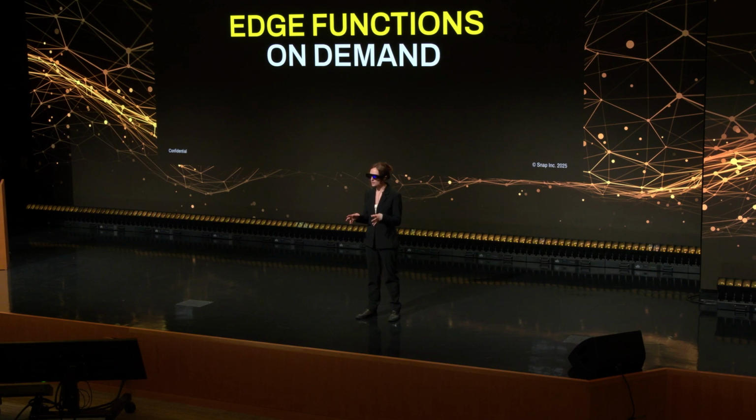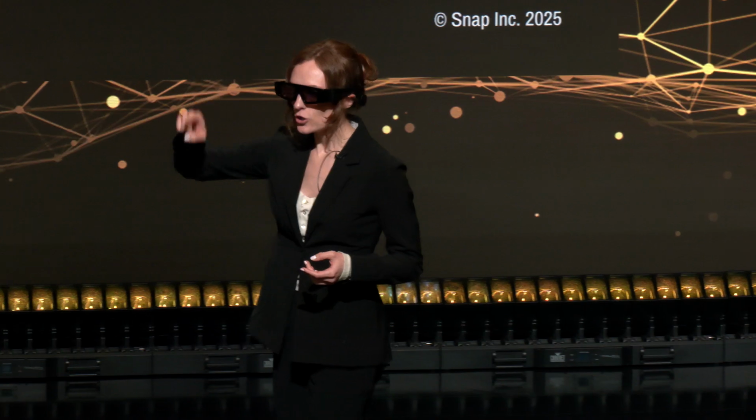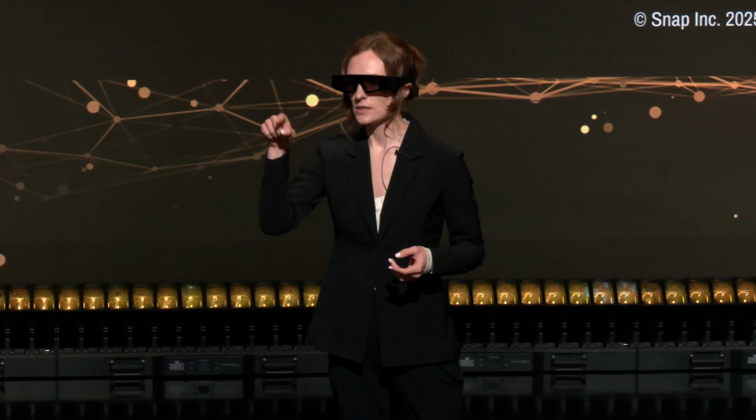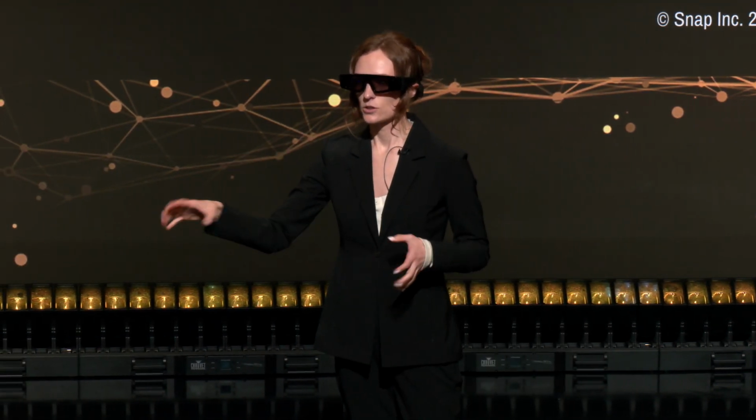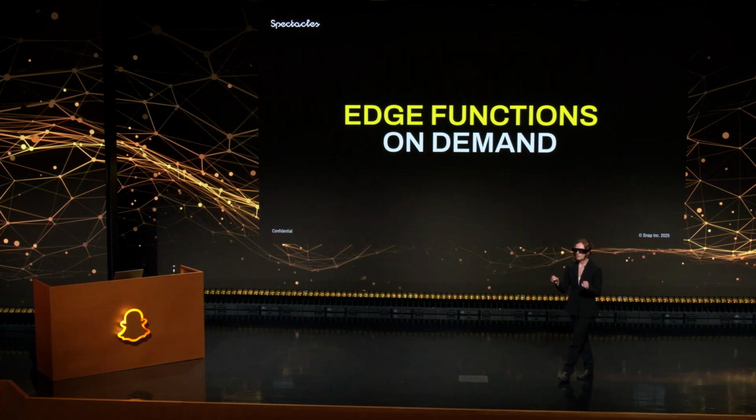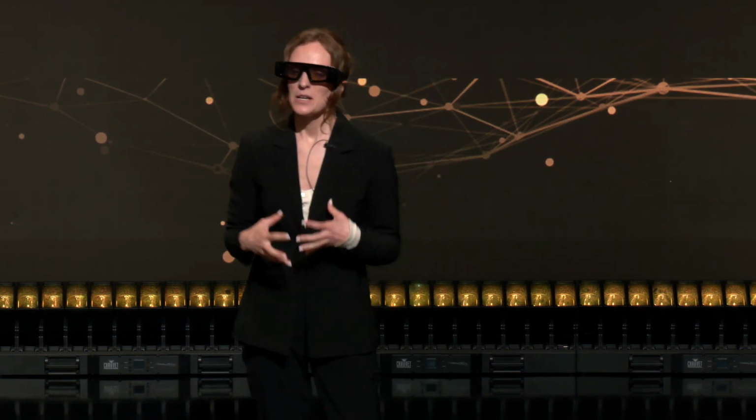With edge functions, your logic runs on demand near the user, scales automatically, and you pay for usage instead of idle infrastructure. So for new businesses, that means lower upfront complexity, faster iteration, and a smaller team, even a team of one, just me, can ship production-grade features earlier.